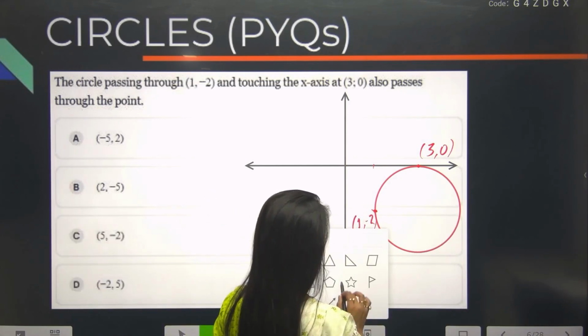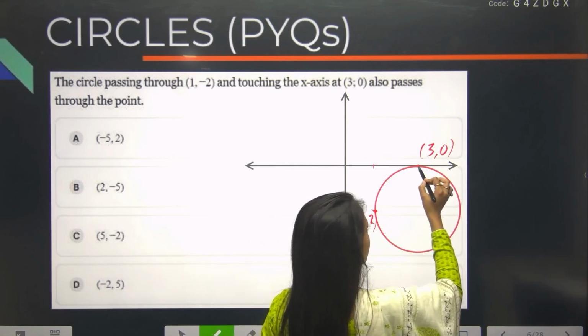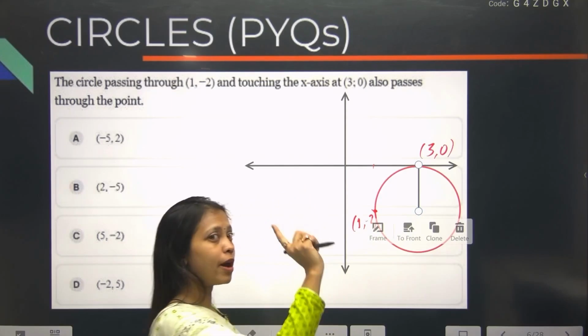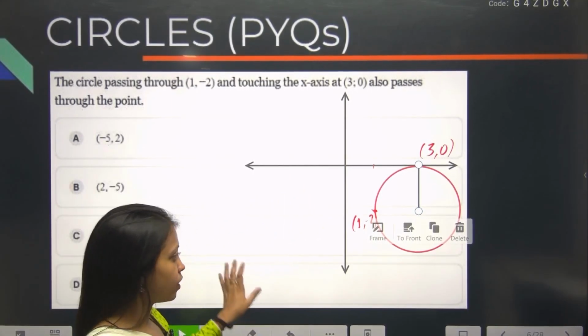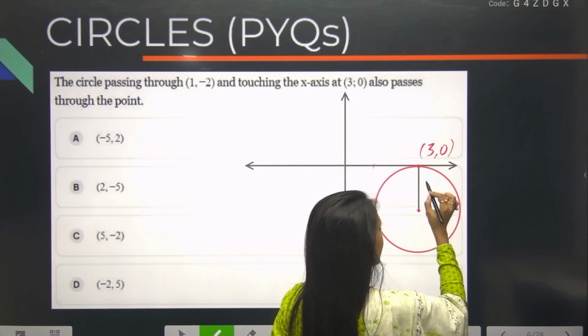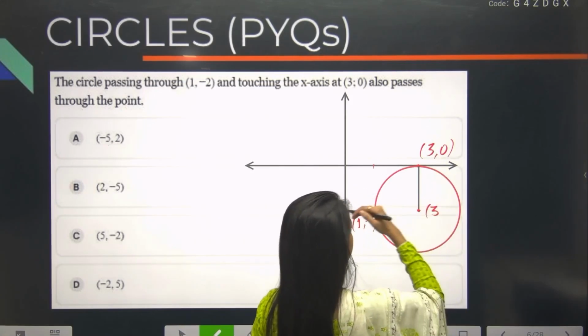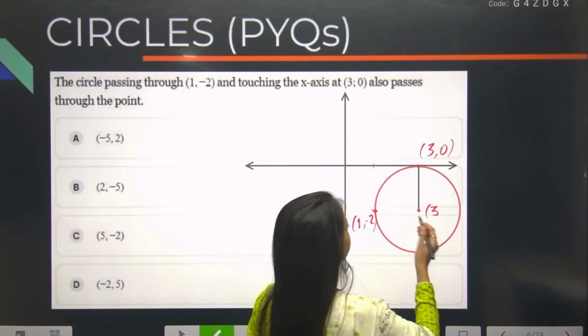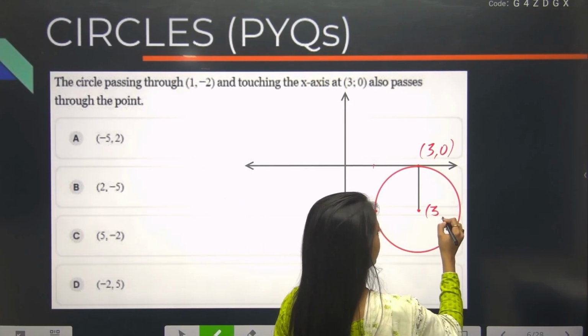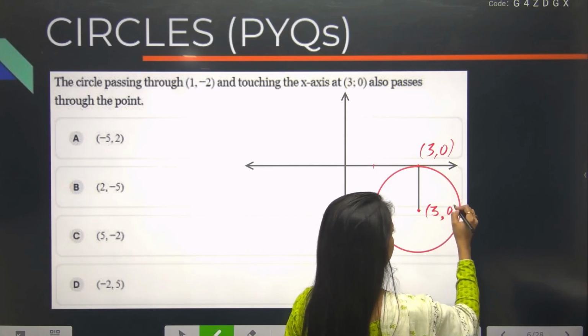I know that the perpendicular from this will be parallel to my y-axis, so the center must be 3 comma, not 1 comma minus 2, but 3 comma some variable, let's say a.